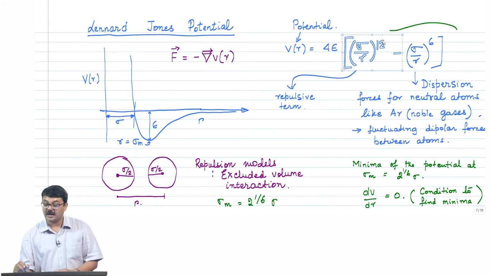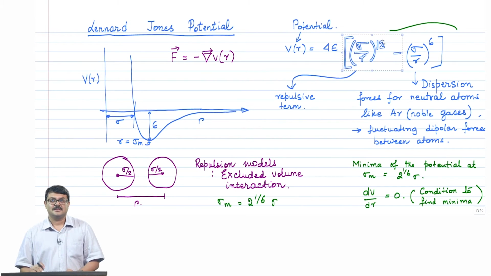On the other hand, when r is greater than sigma, then sigma by r is a quantity which is less than 1, and when you take powers of a small quantity, suppose 0.5 to the power 2 is 0.25, and then you take another power, 0.5 to the power 3 is 0.125, and so on and so forth, right.